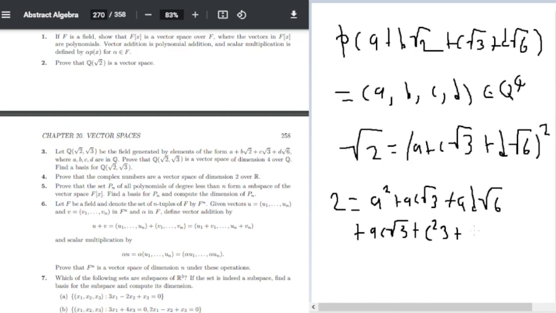So we have 3 C D square root of 2, plus basically a ton of terms like this.